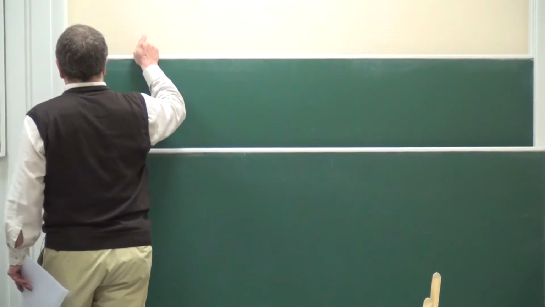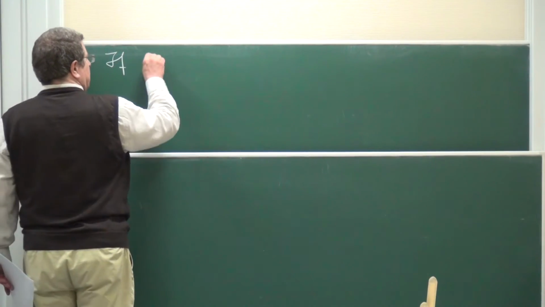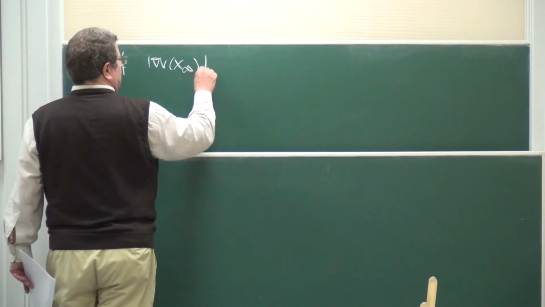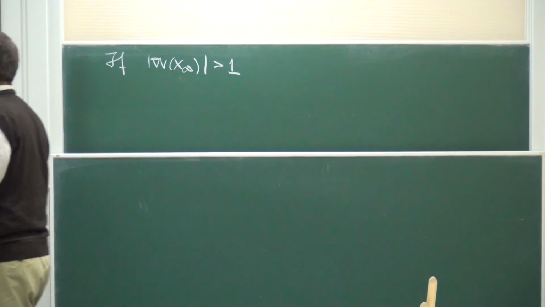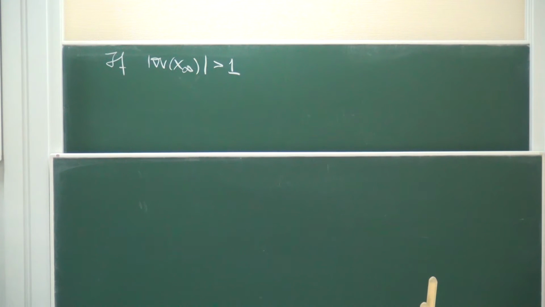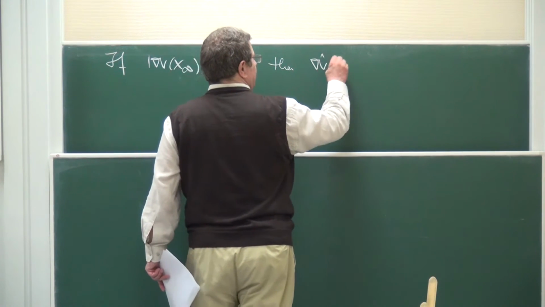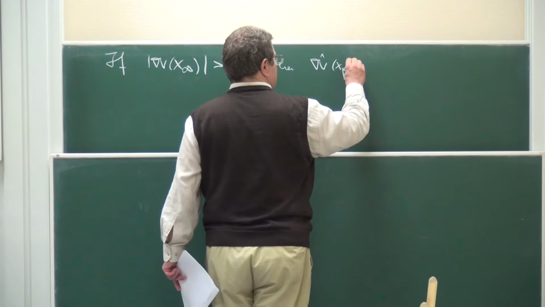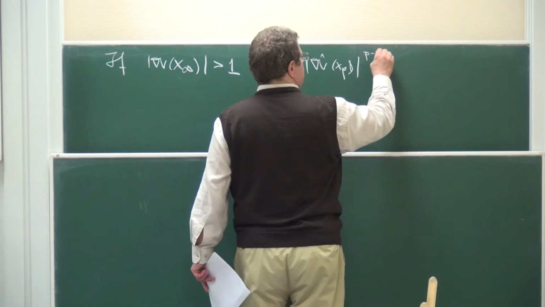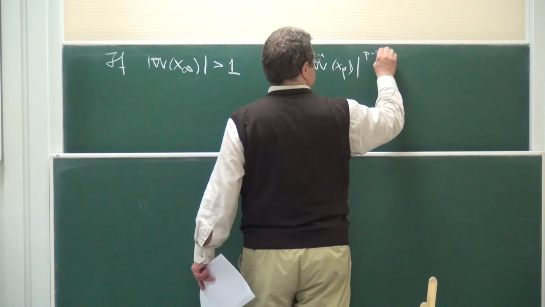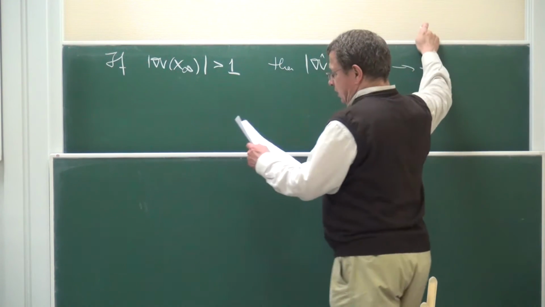So now we distinguish two cases. If the gradient of v in x_infinity is bigger than 1 in modulus, then this term becomes bigger than 1 in modulus, and when we take it to a large power, it goes to plus infinity. Then the gradient of v hat in x_p to the power p minus 4 goes to plus infinity.